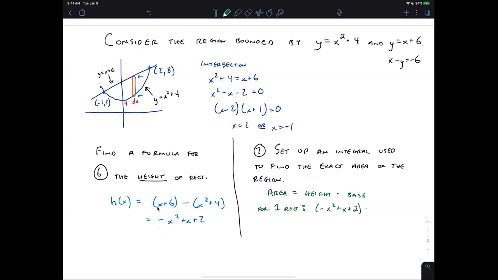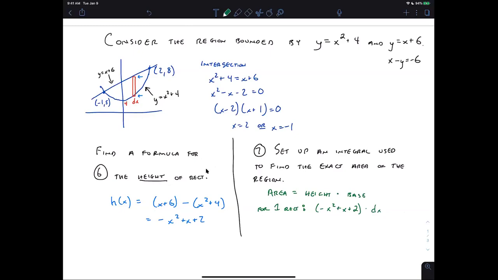What is the base of this red rectangle up here? Dx. So for one rectangle, it's that formula, the height, times dx. Does everybody follow that?